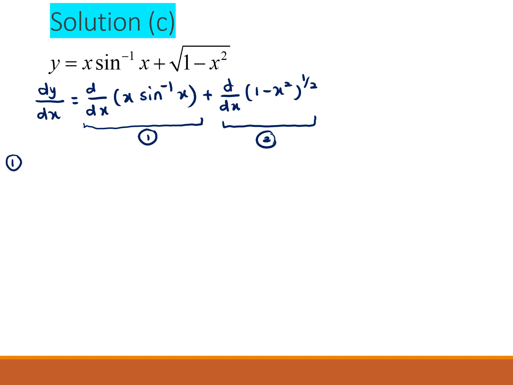Okay, for the first term, d over dx of x times inverse sine of x, this function involves two different functions, so we can find the derivative using the product rule. For x, we represent it as u, and for the inverse sine, we represent it as v.